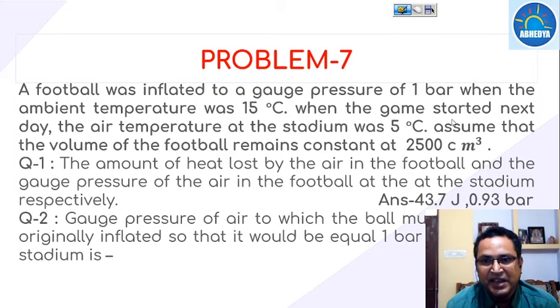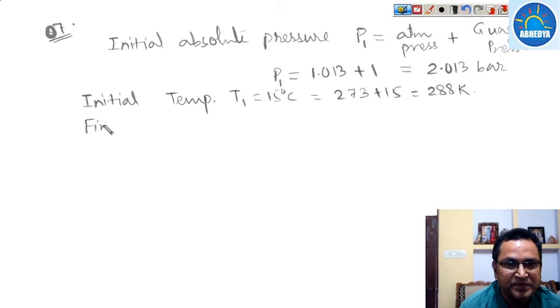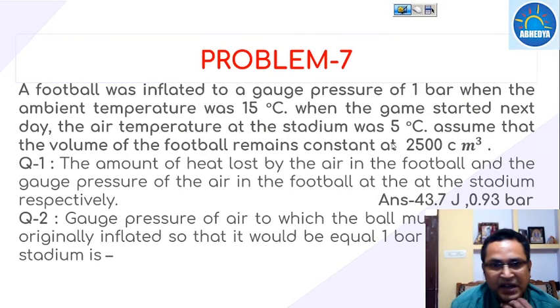Okay, when the game started next day, the air temperature at the stadium was 5 degrees centigrade. Now the final temperature becomes 5 degrees centigrade. So final temperature T2 is equal to 5 degrees centigrade. So this comes to be 273 plus 5, that is 278 Kelvin. Assume that the volume of the football remains constant at 2500 centimeter cube.